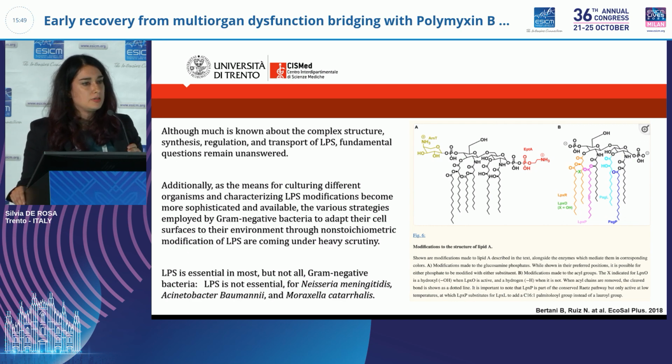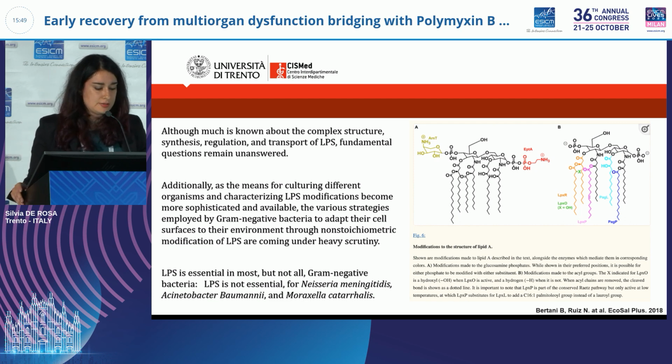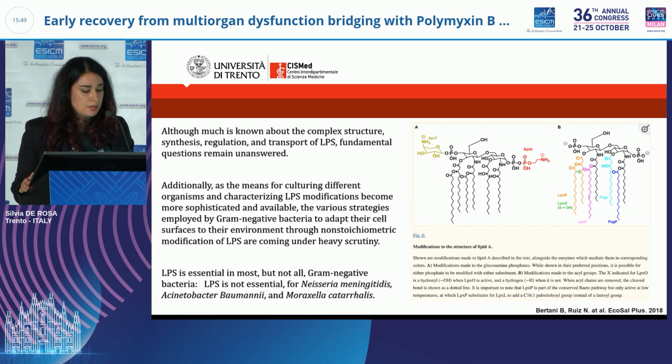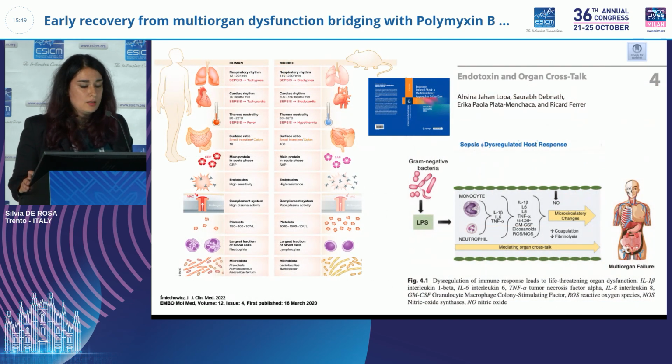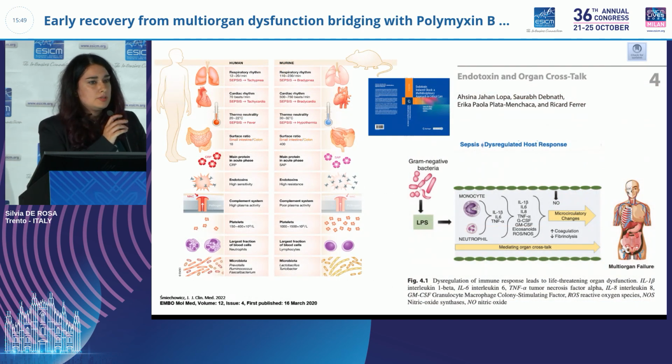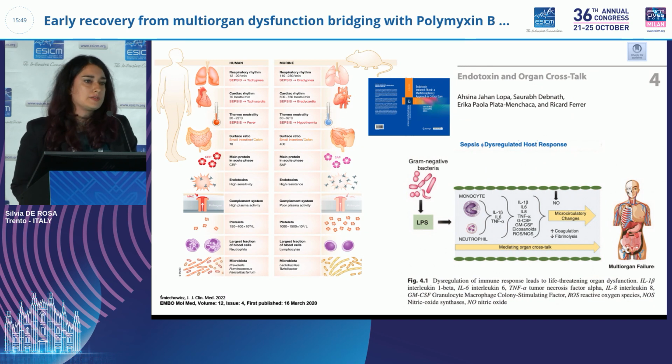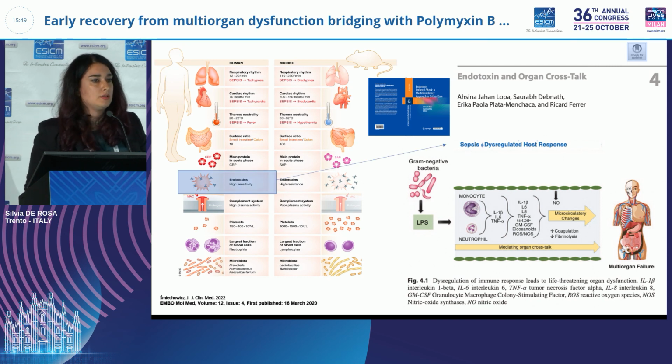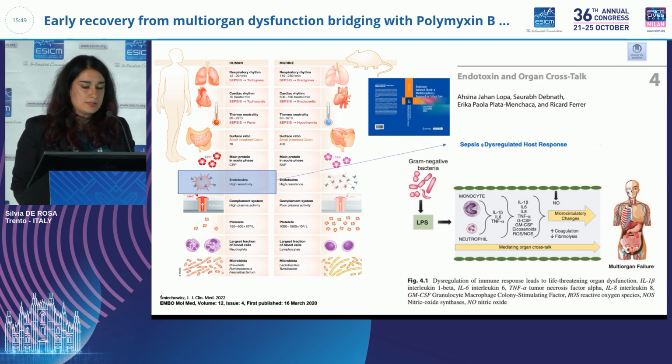We have also to consider that for some microorganisms, LPS is not essential, for example, Neisseria meningitidis, Acinetobacter baumannii and Moraxella catarrhalis. At the same time, if we read some studies, for example murine models, we have a high resistance to endotoxin, but if we consider humans, we have a high sensitivity.